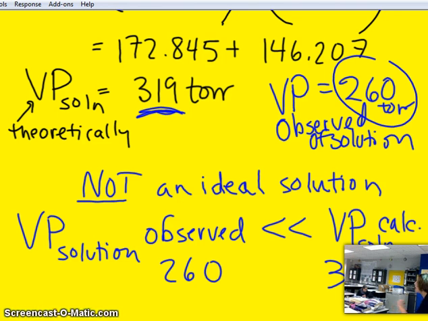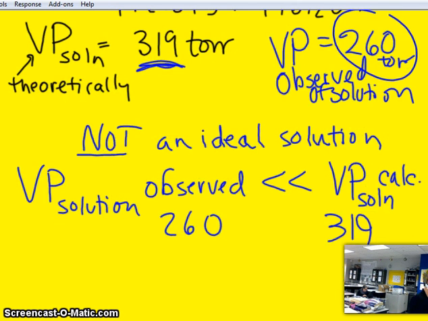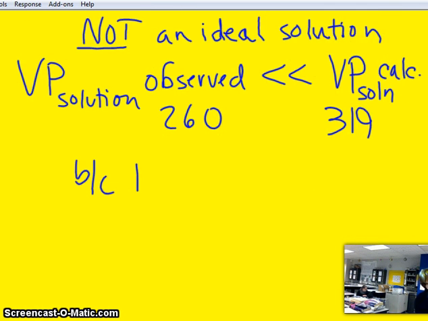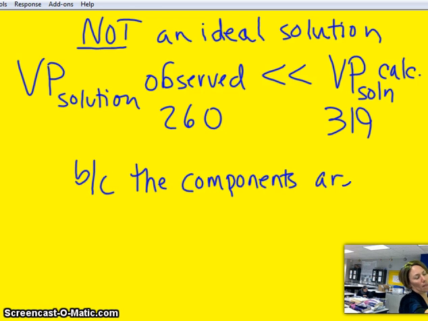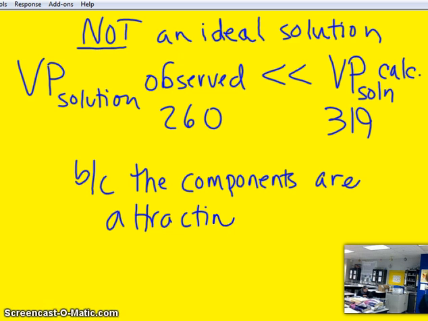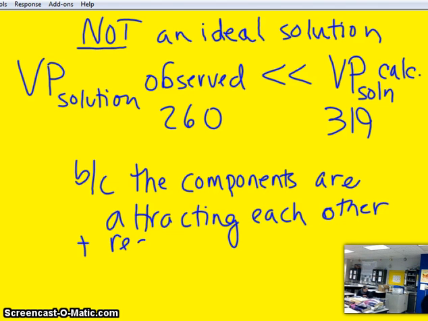Because there's interactions between the solute and solvent. Because they're attracting each other and, I'll say, reducing the evaporation.